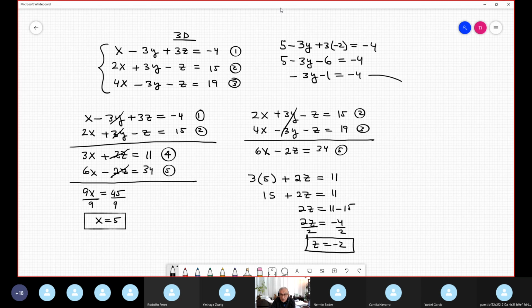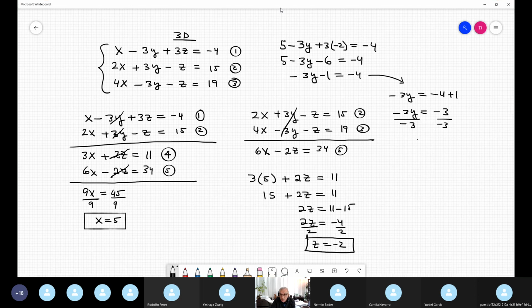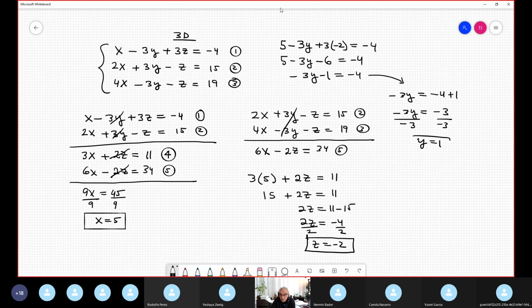We continue here. Minus 3y is equal to -4 plus 1. Minus 3y is equal to -3, no? Yes, -3. Divided by -3 on both sides, it's obvious that y is positive 1.